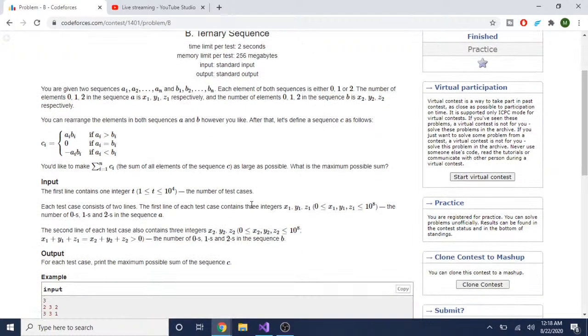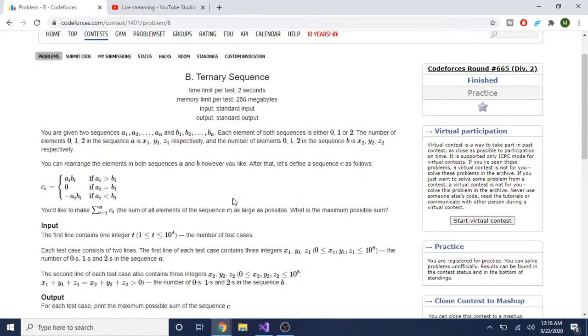You're given two sequences: A1 up to An, and B1 up to Bn. The numbers are 0, 1, 2. The number of elements 0, 1, 2 in A is x1, y1, z1, and the number of elements 0, 1, 2 in B is x2, y2, z2. Now we can rearrange them.